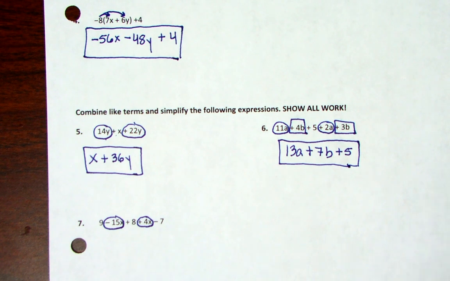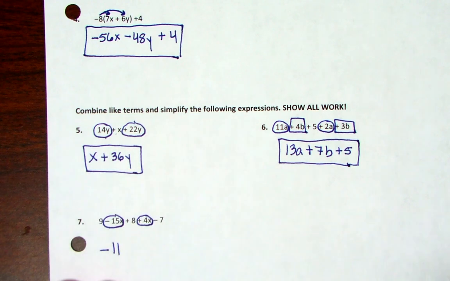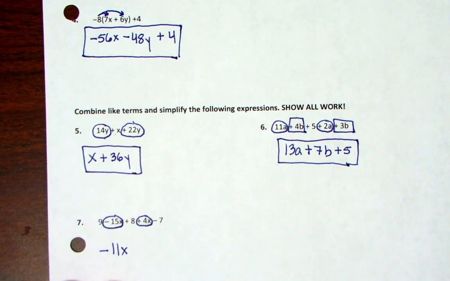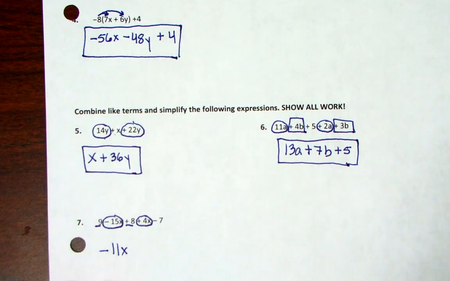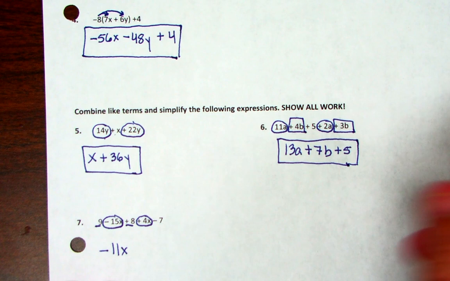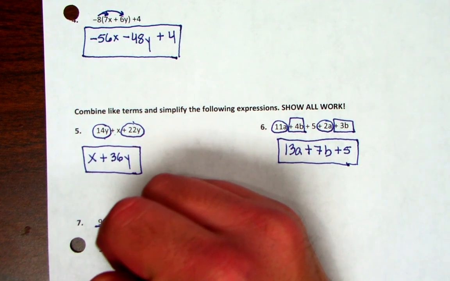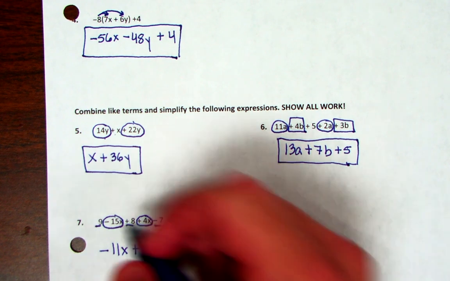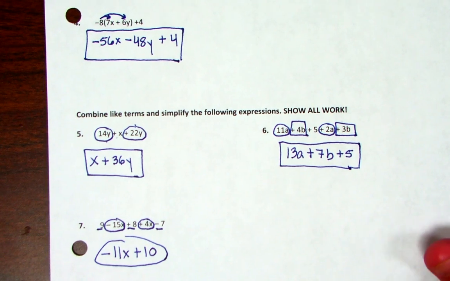So if you owe me 15 and you paid me back 4, that means you still owe me $11. Now let's look at my constants. What's 9 plus 8? That's 17. And what is 17 minus 7? That's just 10. We're done. There's nothing else to combine. This has an x, this does not. Done. Look how easy this is.